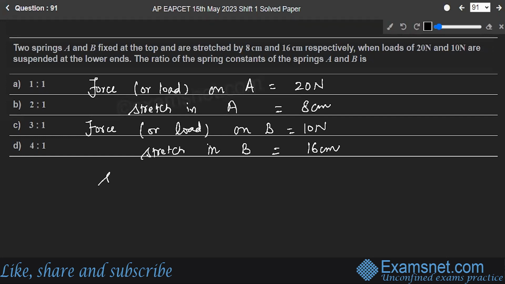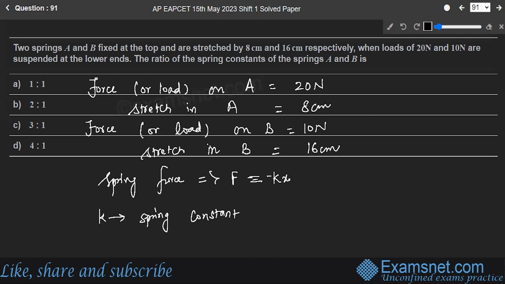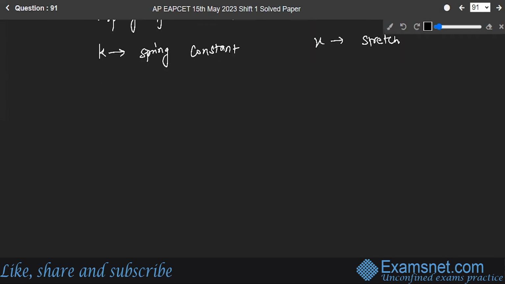Now spring force is given by minus K into X, where K is the spring constant and x is your displacement or your stretch. So for the spring A, FA is given by minus KA into XA, and for the second spring, force is this, right? So let's divide both of them.